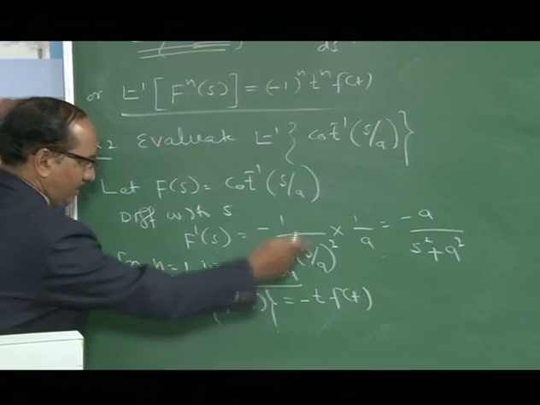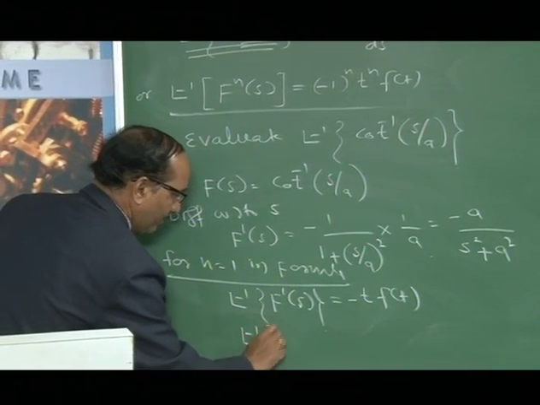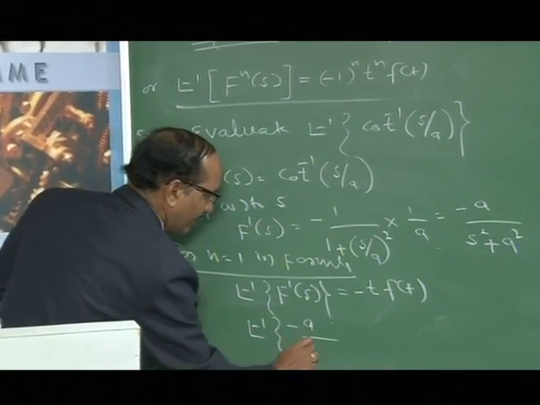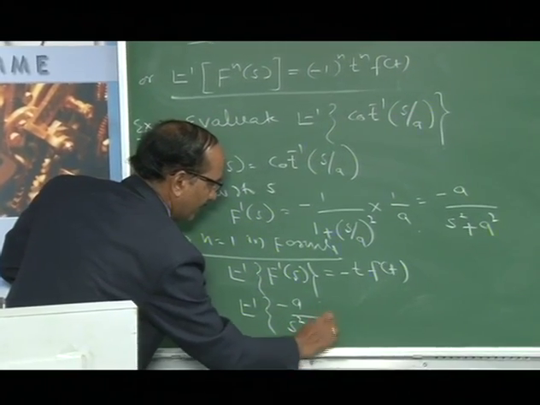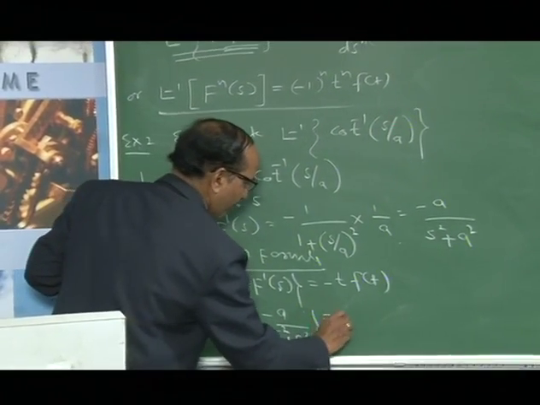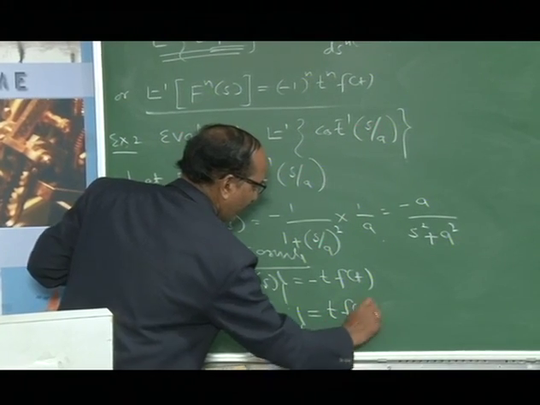Substitute f dash s: L inverse of minus a divided by s square plus a square is equal to minus t into f of t.